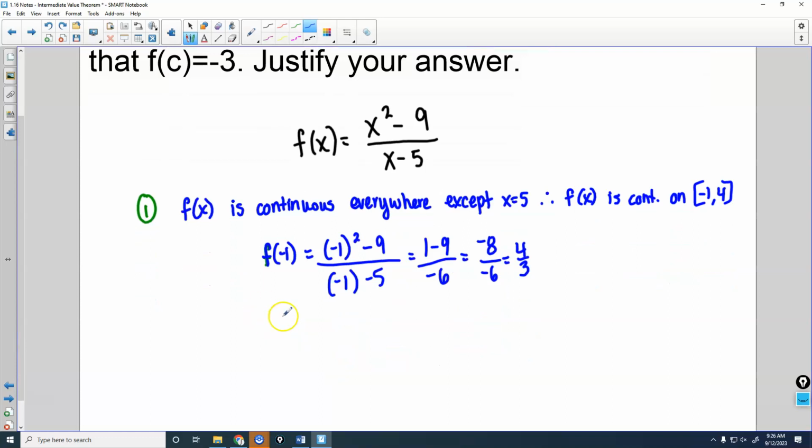And then we got to do f of 4. f of 4 is going to be 4 squared minus 9 over 4 minus 5, which is going to give us 16 minus 9 over -1. So 7 over -1 is -7.